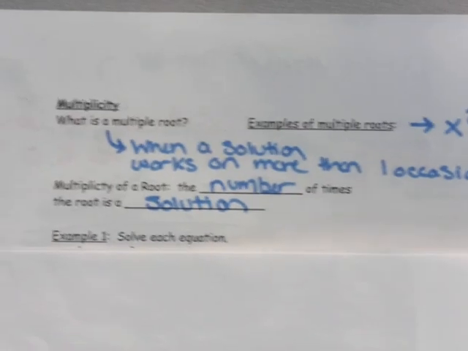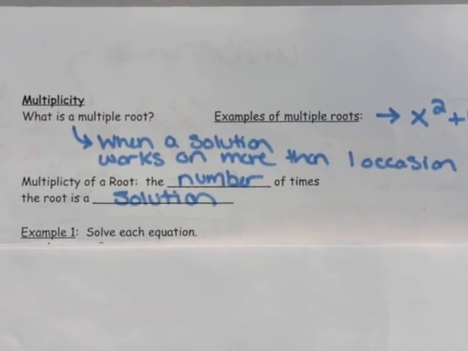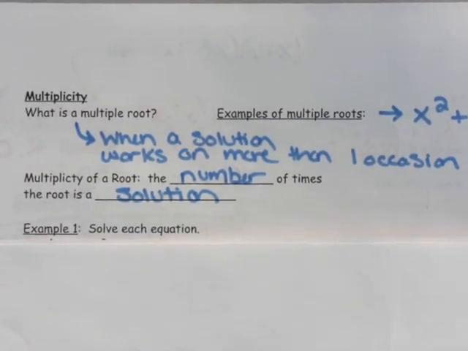Okay, let's start with just this. And this doesn't say location. This has one occasion. I just read it myself, and I was like, location? What was I trying to write? One occasion.